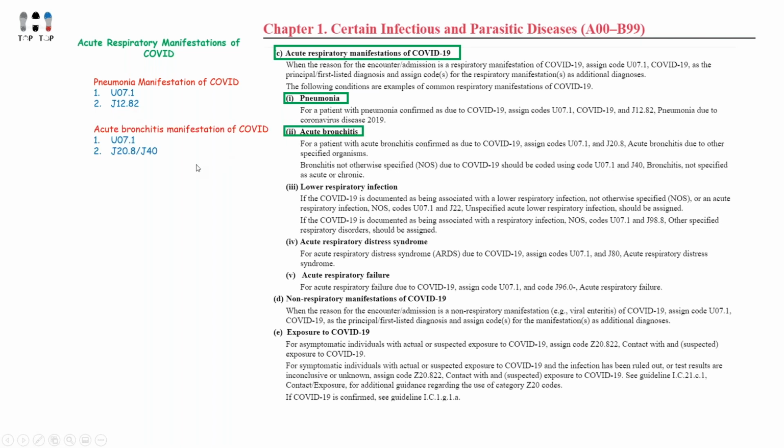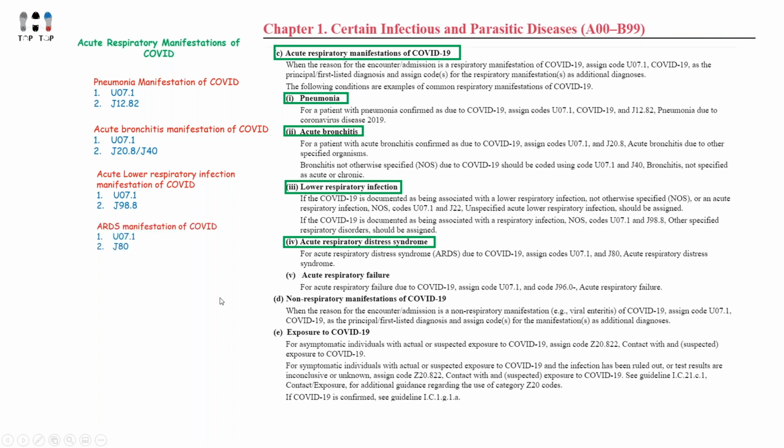Next, if you have acute bronchitis, you're going to sequence your COVID code first, followed by J20.8 or J40. Now, when you have lower respiratory infections, U07.1, that's COVID, followed by J98.8.